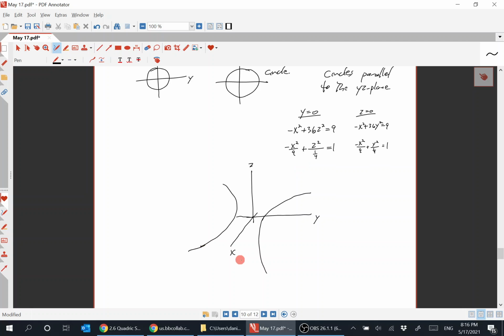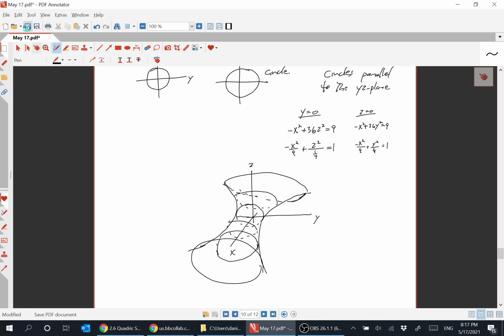Now we draw the circles that follow it. It gives you a pretty good look at what that surface is like.